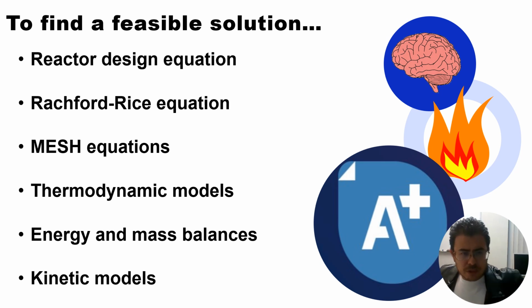We need to use thermodynamic models, solve energy and mass balances, as well as kinetic models. Considering all these models in the process could be very complicated. Fortunately, we have process simulators like Aspen Plus in order to avoid that our brain explodes.